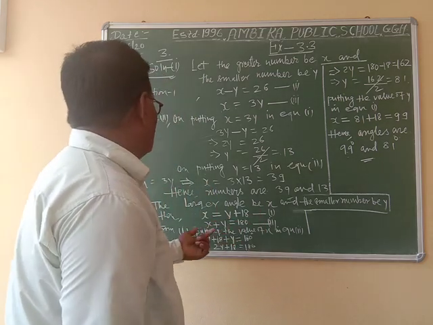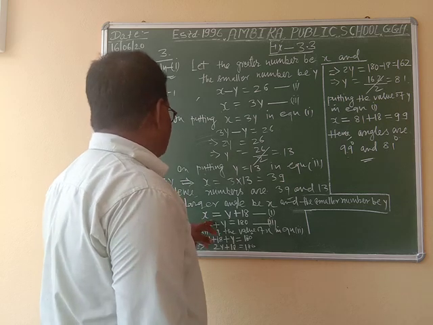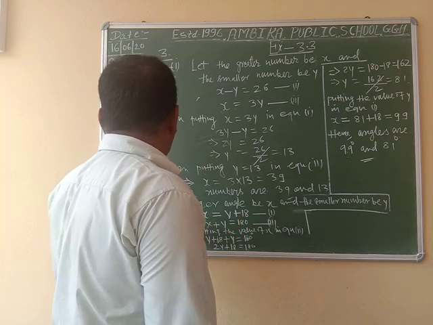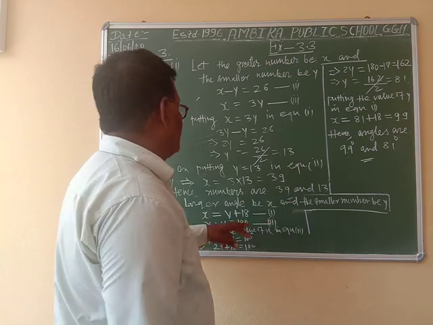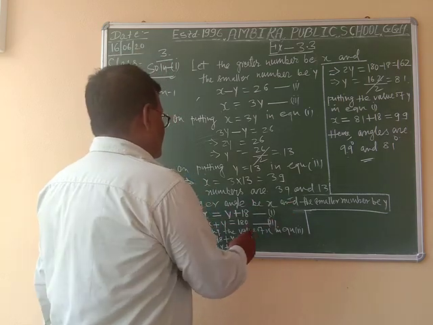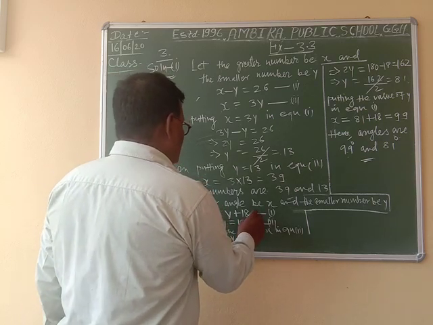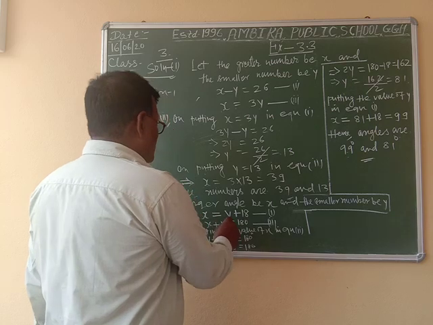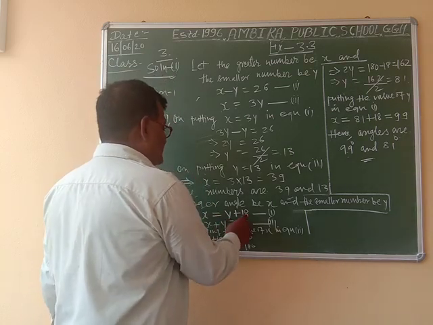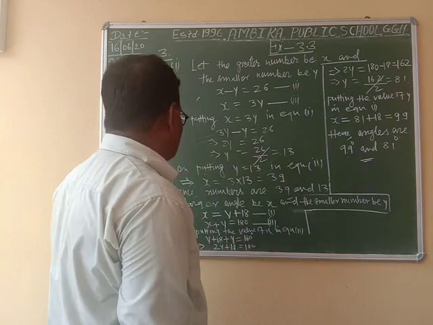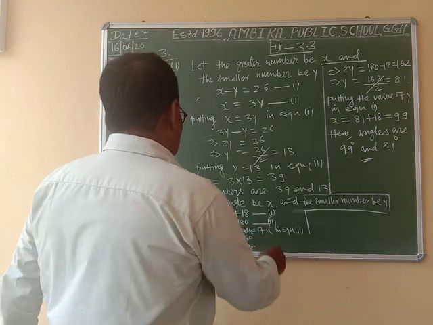So we can write in this way: x is equal to y plus 18, because the larger number is x and the smaller number is y. And x plus y is equal to 180, because if the sum of two angles is 180 degrees, then they are called supplementary angles.